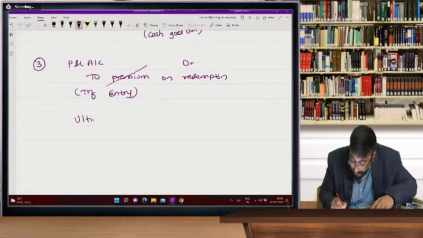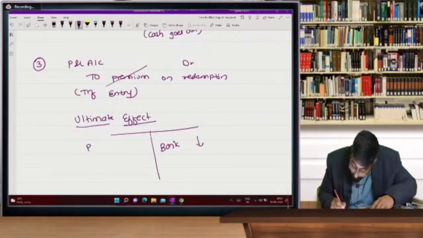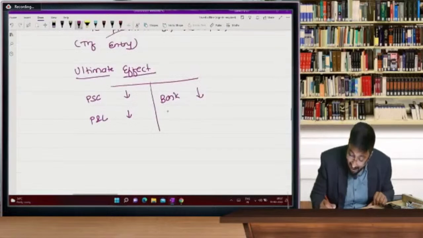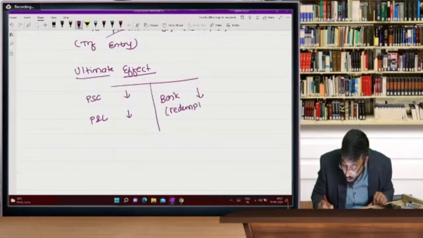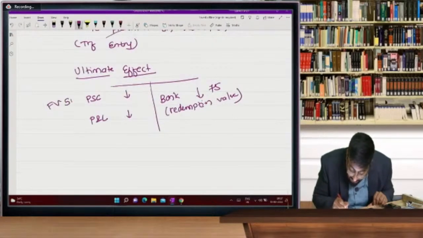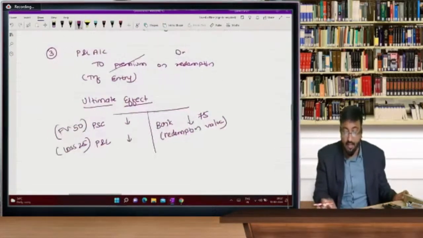So ultimate effect, bank balance will reduce. Preference share capital will reduce. And P&L will reduce. Bank balance by redemption value, that is 75. Preference capital will reduce by face value 50 and loss reduced by 25. So these are ultimate effects.